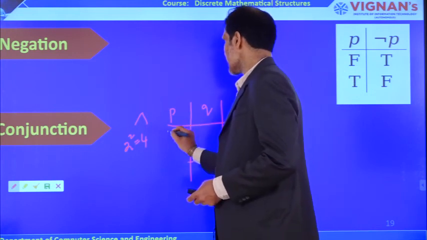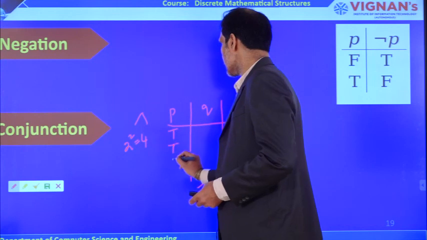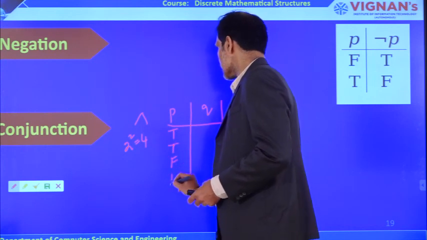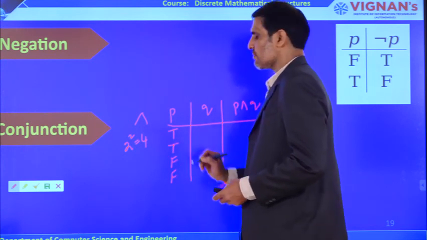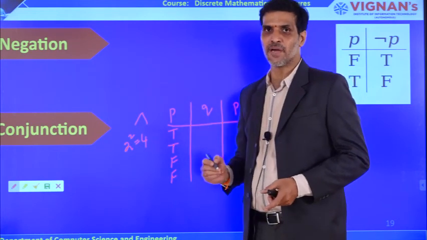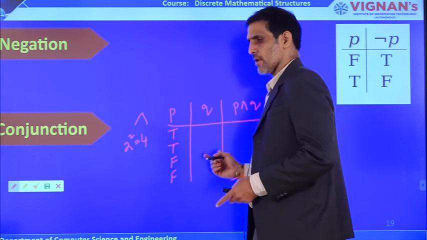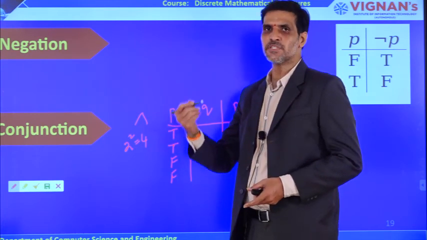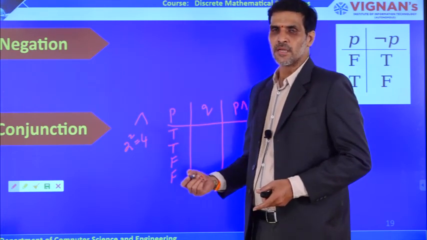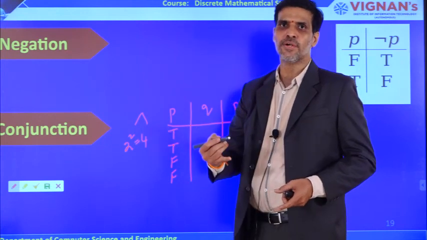So to know that clearly, you take true, true, false, false. This is the easiest method to represent the rows. If you miss here, it is very simple, but as the number of propositional variables increases, the number of rows also increases.